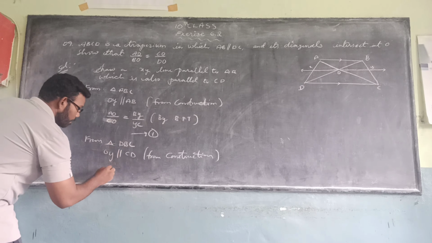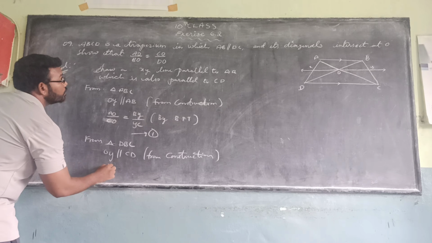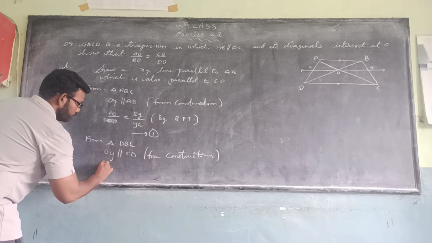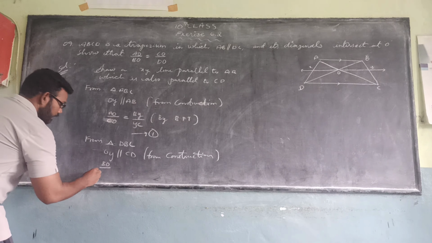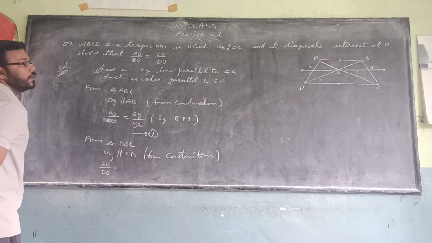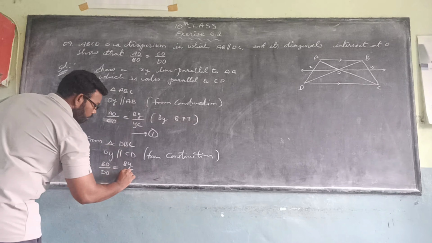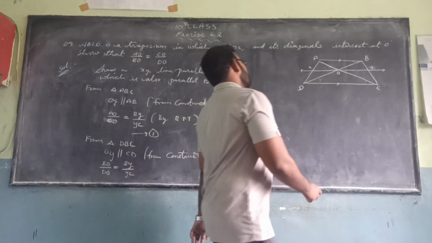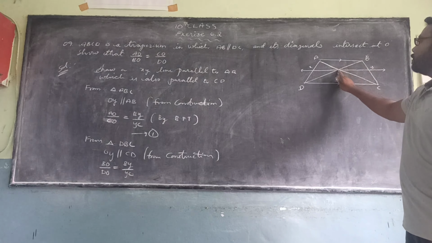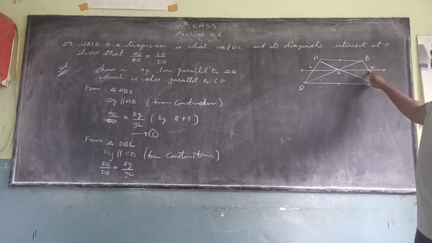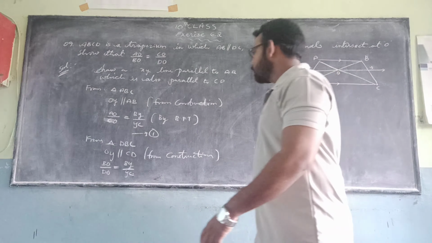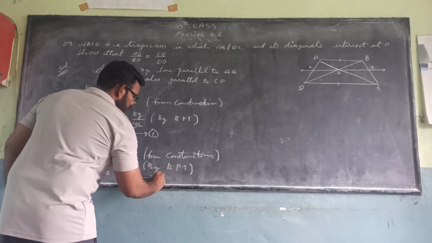So that means BO by DO is equal to BY by YC. That's why BO by DO is equal to BY by YC, by basic proportionality theorem, by BPT. Let it be equation 2.